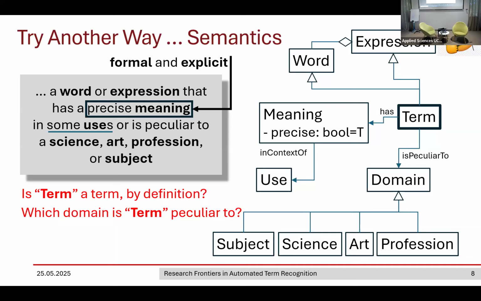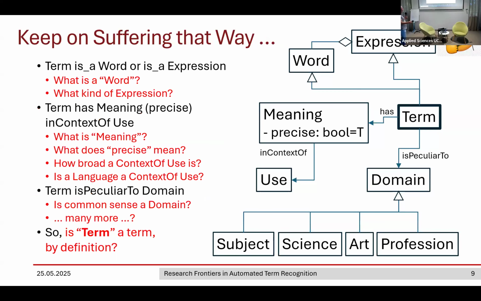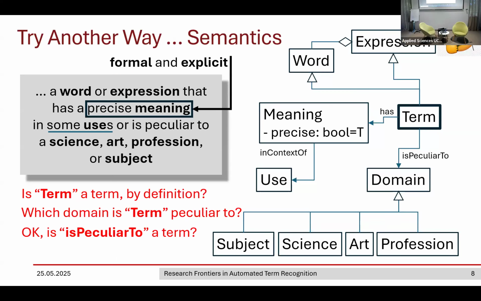So one more good question here is, is peculiar to a term? It's also a sort of an expression here, a string. Do you think it's a term? Why yes and why not? Precise meaning, you mean?